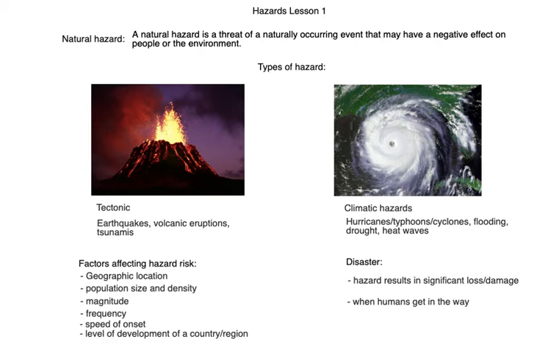No one died, no one got injured, no animals were affected, no buildings were damaged, because there was nothing there to start with. So a hazard only becomes a disaster when humans get in the way, when you have some kind of loss or damage or significant environmental damage as well, like animals getting killed and so on.